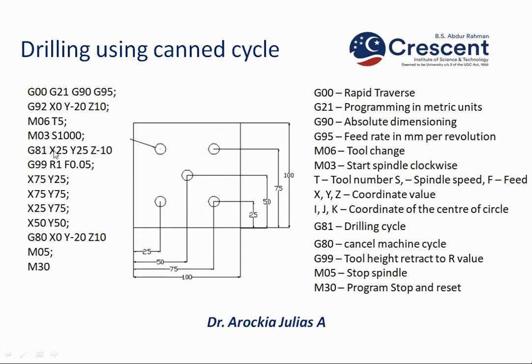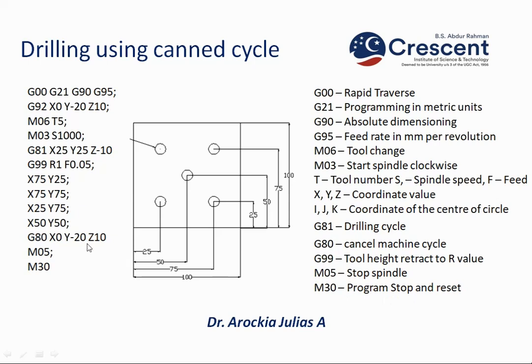This canned cycle command will take care that it repeats this again and again for all the points given here. It will go to the first one, drill it, use this retraction, then go to the next one, drill, next one, drill, like that it will finish all the holes, and then finally we give G80 to cancel the cycle.